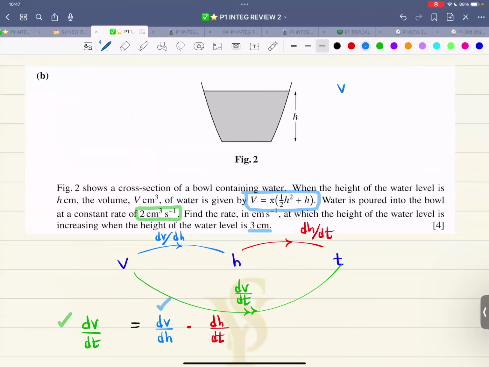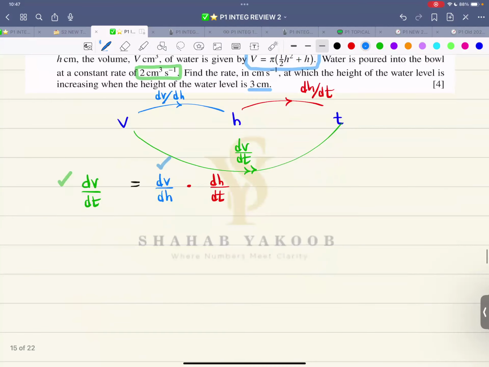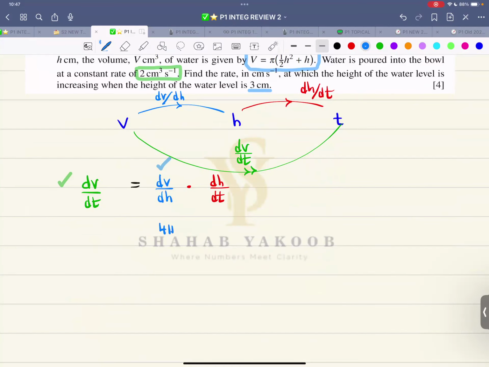So volume is pi, that's a constant, times (half h squared plus h). Therefore, dv by dh is pi as it is, half h squared becomes 2h over 2, which is simply h, and the derivative of h is 1. Now, when h is 3, dv by dh is pi times (3 plus 1), which comes out to be 4 pi.